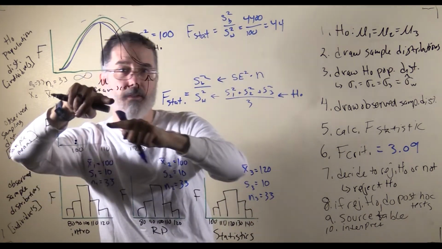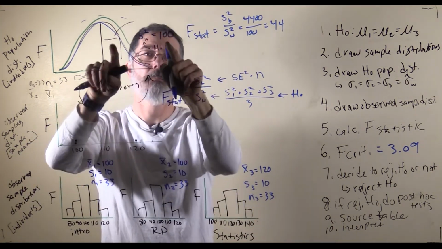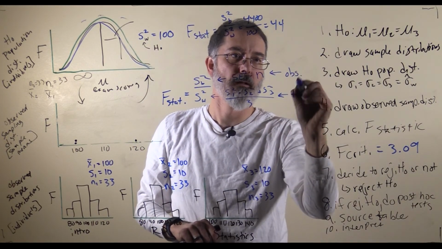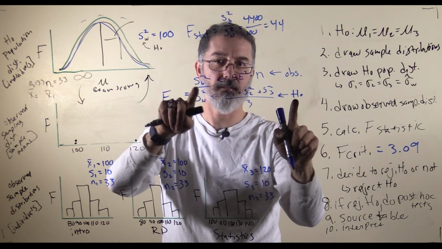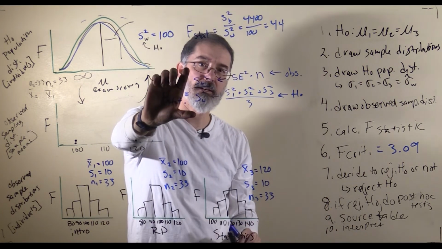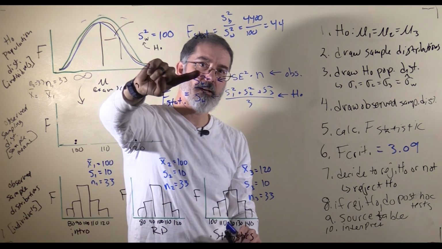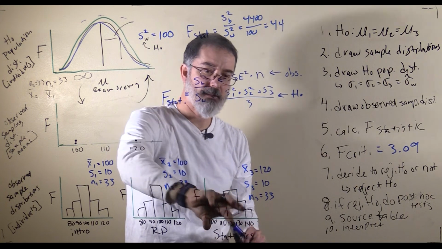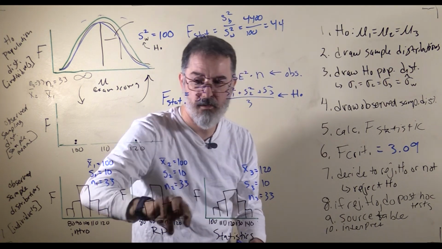It was the reverse of going down, to get back up from our sample means to a population distribution. This is the actual observed variance, whereas the other is what you expect if the null hypothesis is true. So an F statistic is just a ratio of two variances. One is based on how much our group means differed from each other, and the other is based on how much people differed within our three different groups.